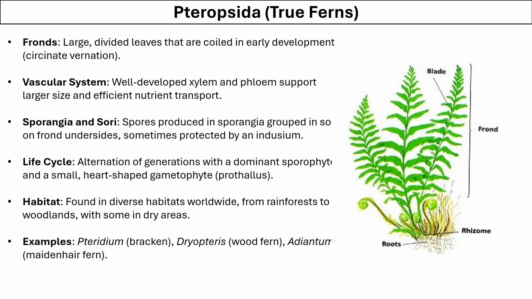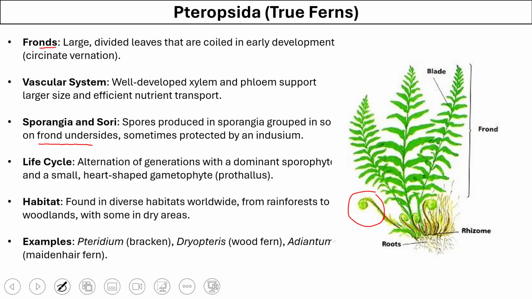Now let's have a quick overview of Pteropsida. Pteropsida have structures called fronds, which are large divided leaves that are coiled during the early phases of their development, as you can see here. They have well developed vasculature. The spores are produced in sporangia, which are present on the underside of these large fronds.